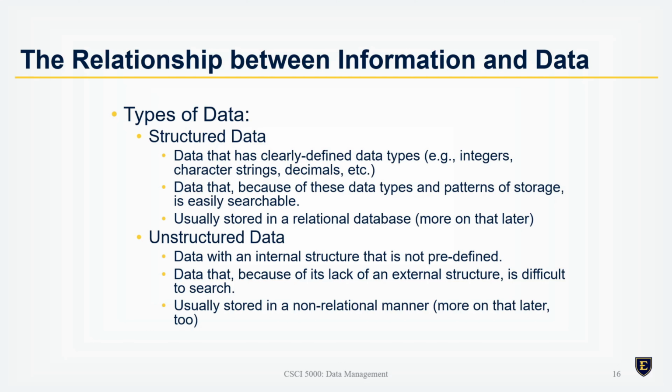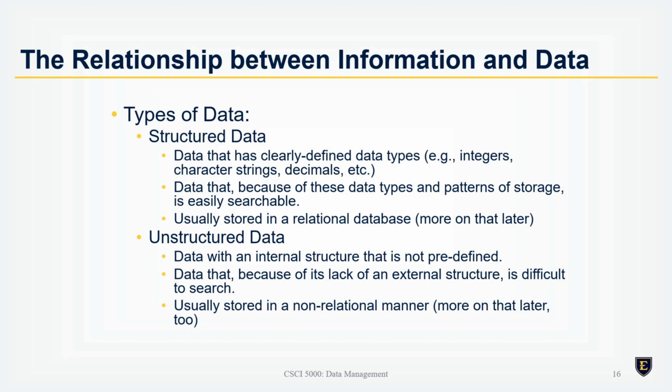Unstructured data is data that has an internal structure, but that internal structure hasn't been predefined. So we can't say that this particular type of data is going to have this particular set of parameters. So it is data that, because of its lack of an external structure, is difficult to search.